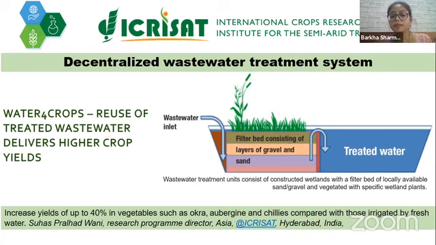This wastewater treatment unit consists of constructed wetlands with a filter bed of locally available sand or gravel and vegetated with specific wetland plants. The project has already shown a very successful rate with the increased yield of up to 40% in vegetables such as okra, aubergine, and chilies compared with those irrigated with fresh water.